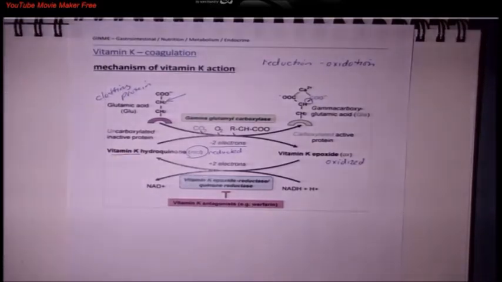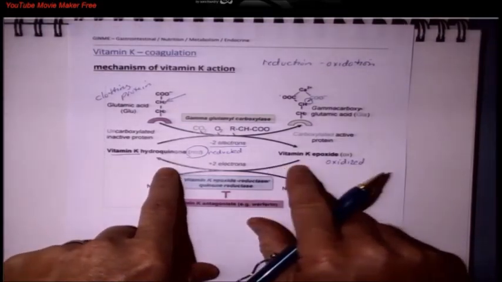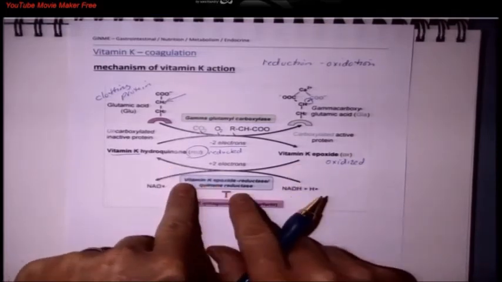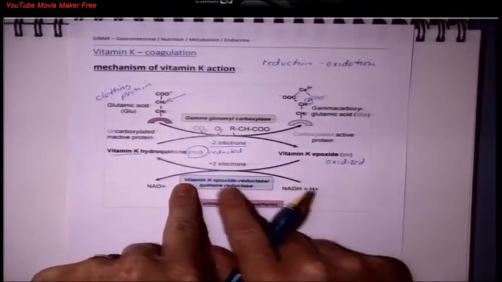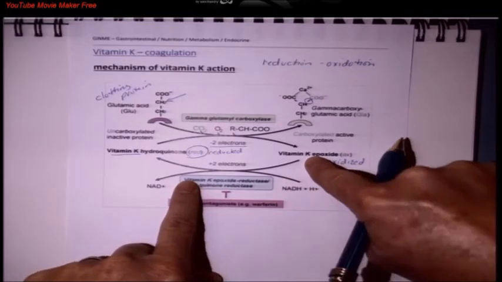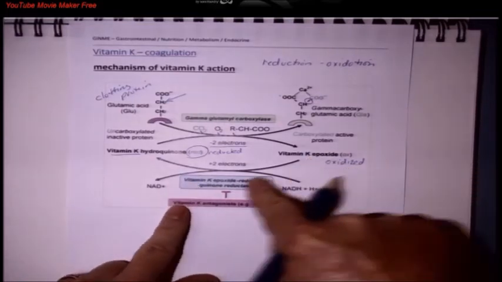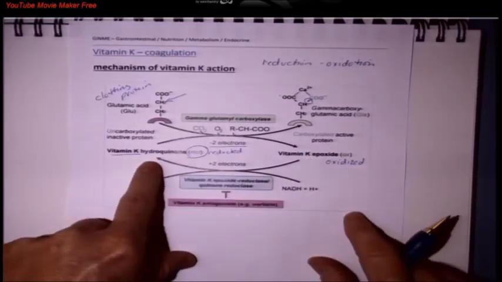Now again, like all good biochemical reactions, we have to come back to the beginning so we can keep the catalytic activity going. And so the next thing is the vitamin K reductase enzyme. That enzyme is simply going to take the oxidized form of vitamin K and convert it into the reduced form.